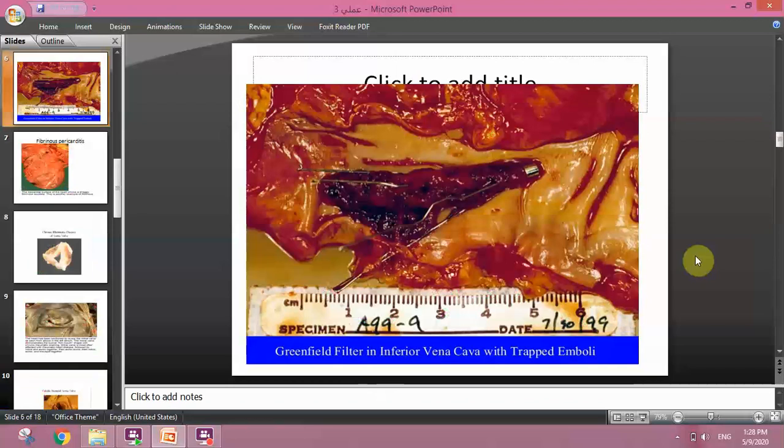The gross picture during post-mortem dissection revealed a thrombus in the inferior vena cava. Grossly, the thrombus appears as a dark red to brown mass.